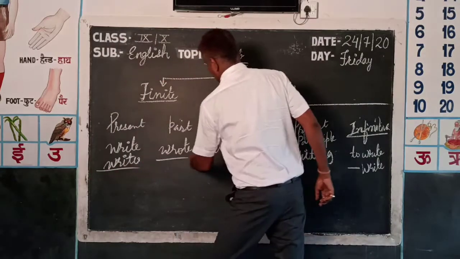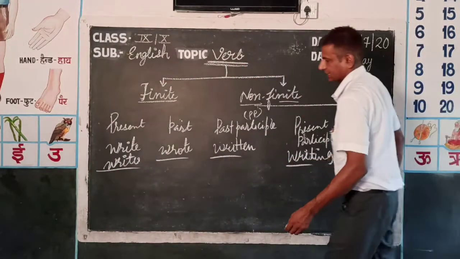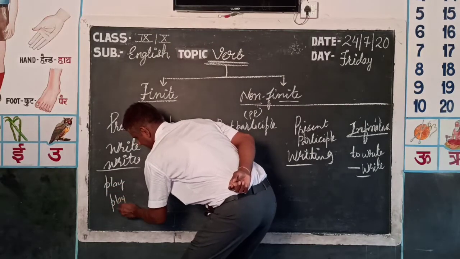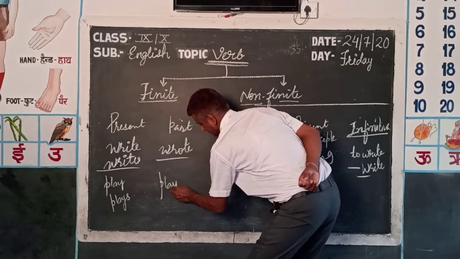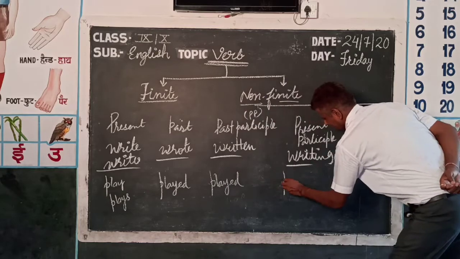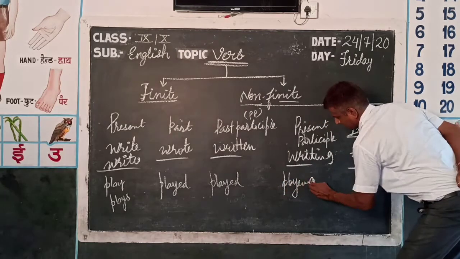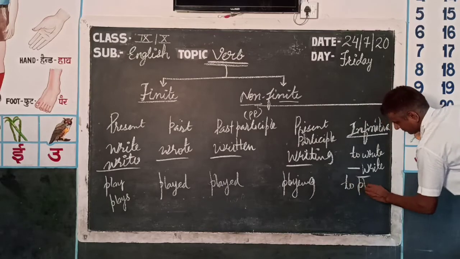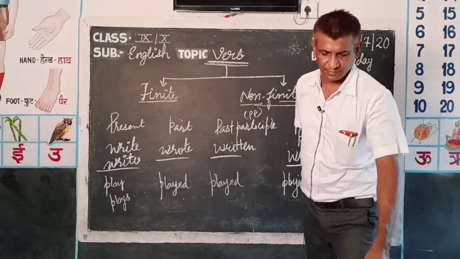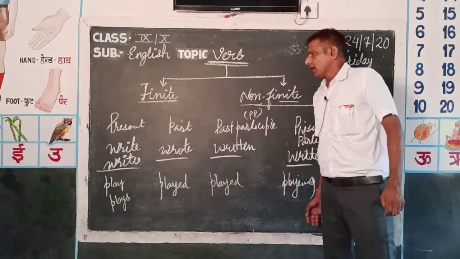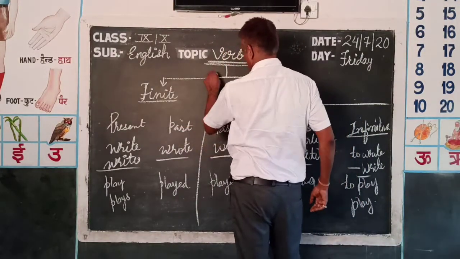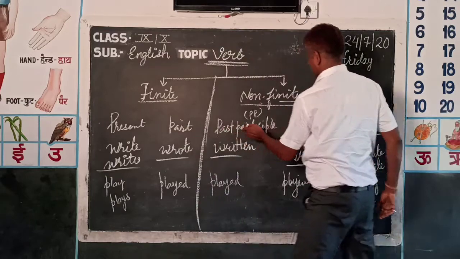One more example you can see here: play, plays, played, played, playing, to play, and play. Well, students, now see, these are 5 forms: 1, 2, 3, 4, 5.